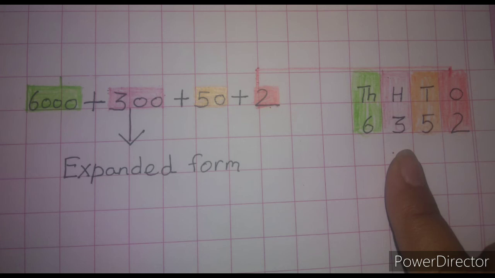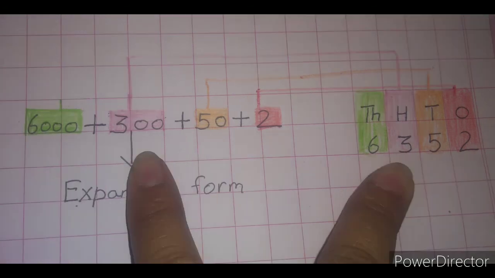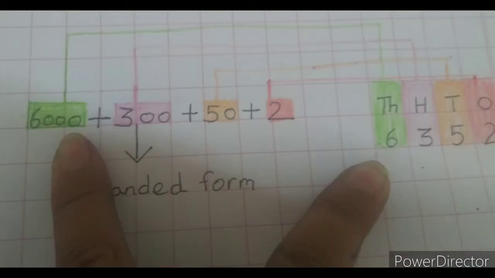The number is 6352. So in expanded form, we will write 2 as it is in the ones place, we will write it as 2 only. 5, it is in the tens place, so we will write it as 50. 3, it is in the hundreds place, so we will write it as 300. And 6, it is in the thousand place, so we will write it as 6000.